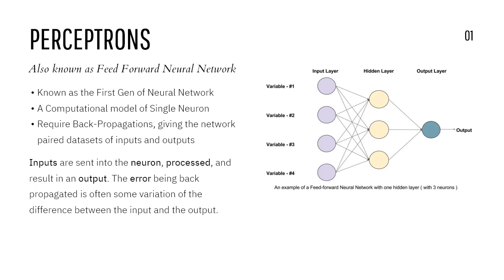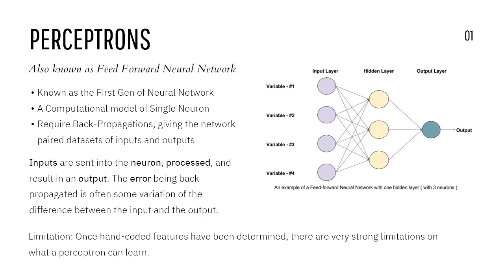The inputs are sent into the neuron or the hidden layer, then processed and analyzed by the system, and the result will be stored as an output, and the error from the output will be propagated back to the input based on the difference between the input and the output.